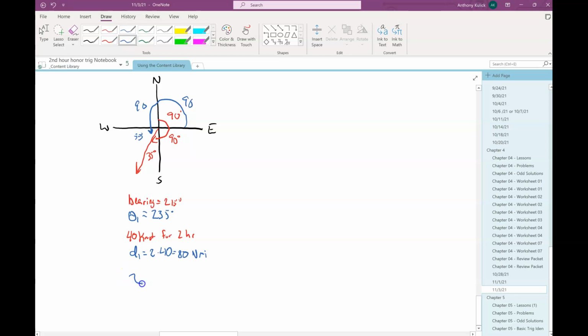So to break this down into horizontal and vertical components that I'm going to call x1 and y1 respectively, I'm just going to do 80 times cosine of 235, and then 80 times sine 235. I'm always going to use cosine with the horizontal, and always going to use sine with the vertical.